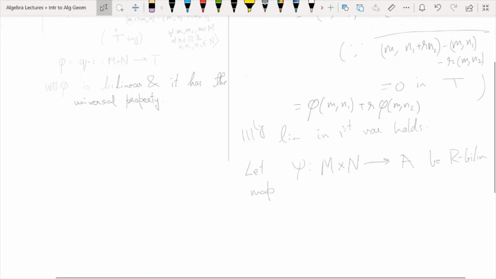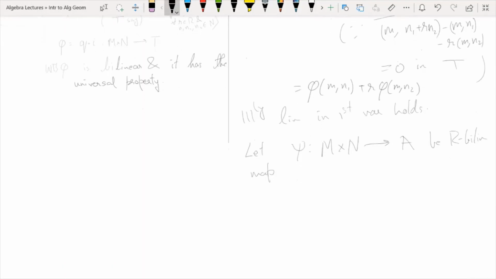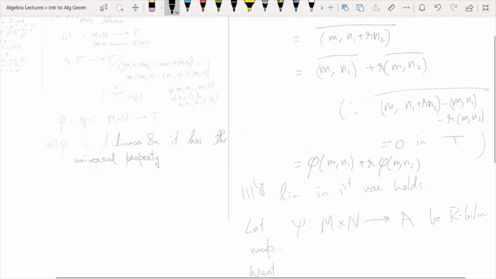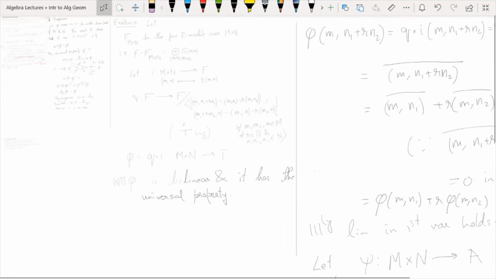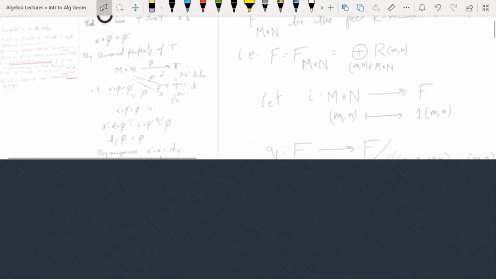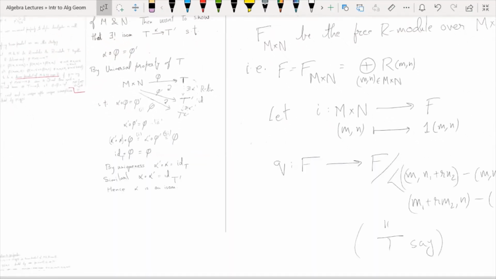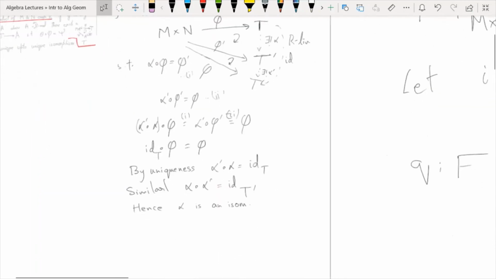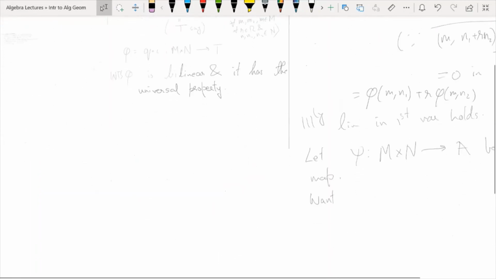What did we call it? I think alpha or something in this definition. Theta. Yeah, so we had theta from T to A. So let's just use the same.